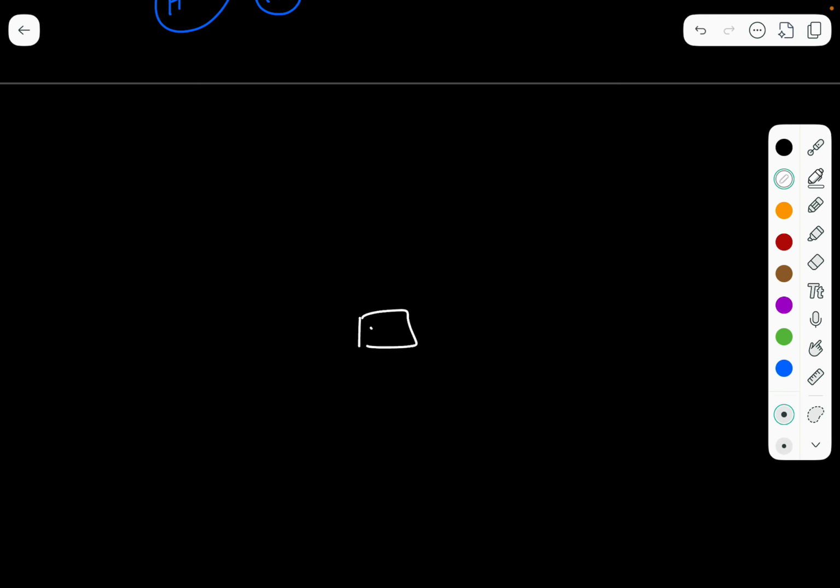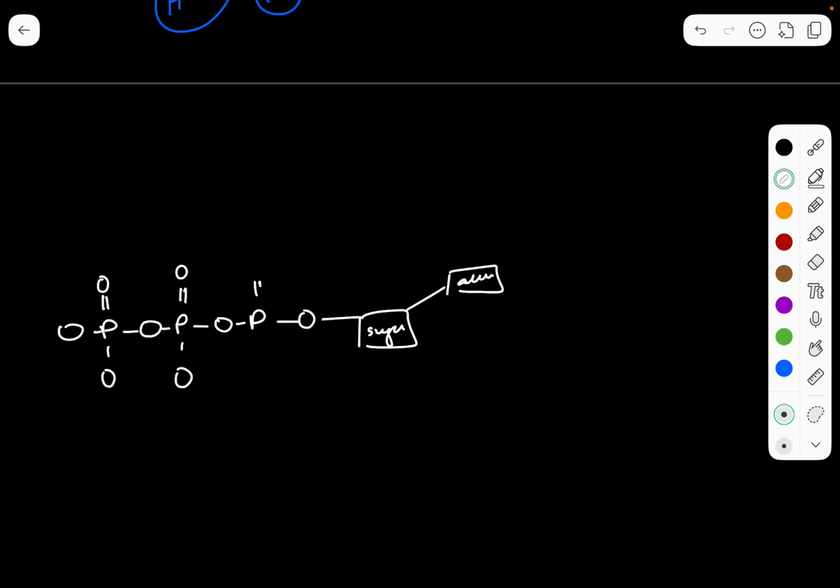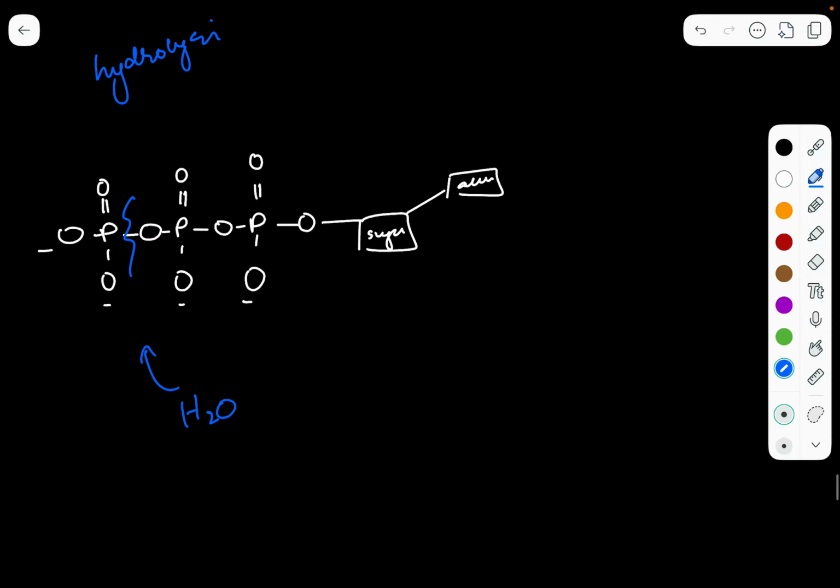So you have sugar, you have adenine, and then you have your phosphate groups. Right? Now, when I introduce water into this equation to break this bond, the reaction that's breaking this bond is hydrolysis, I'm introducing water. What is happening?